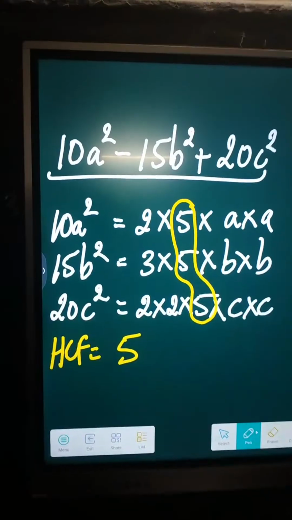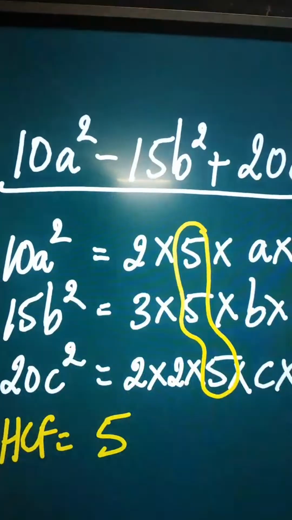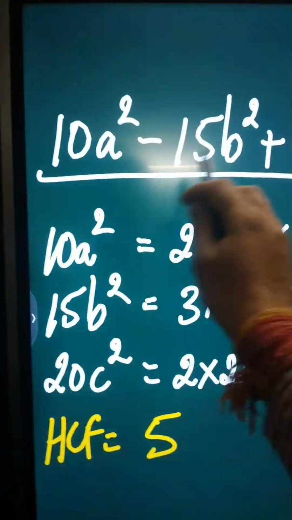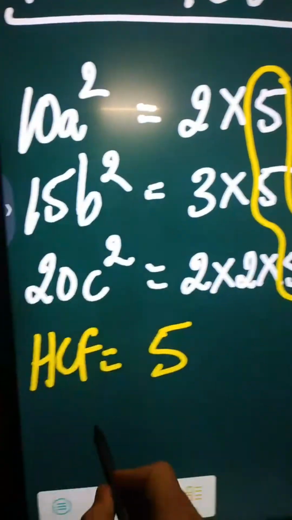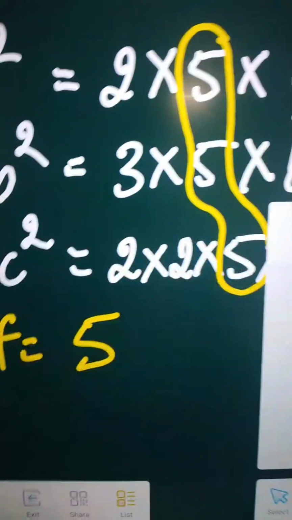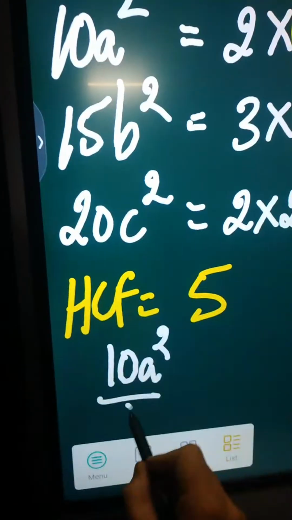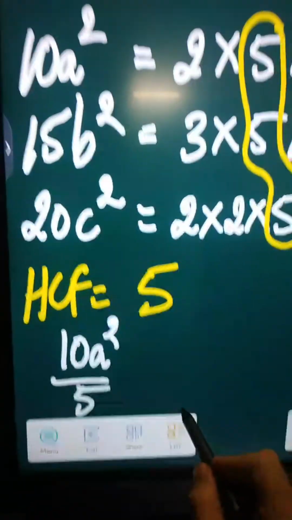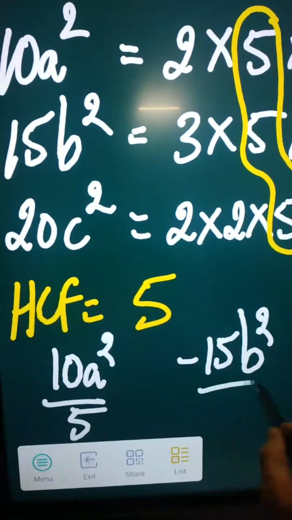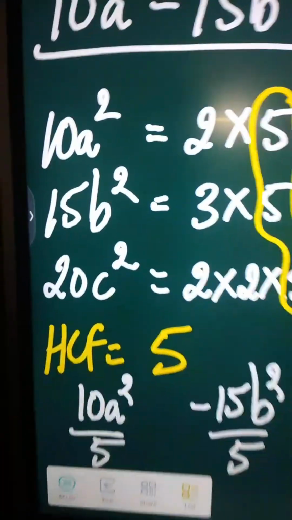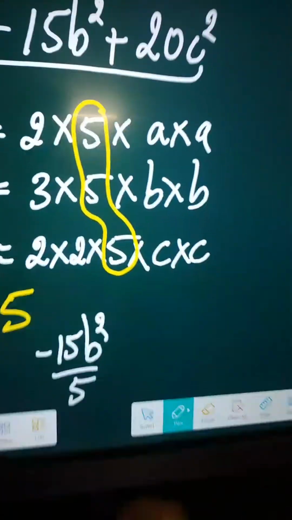Now what do we do with the HCF? Every term given is divided by 5. So 10a square divided by 5, then minus 15b square divided by 5, and plus 20c square divided by 5. The HCF method is the same: you find the HCF of the terms and divide.